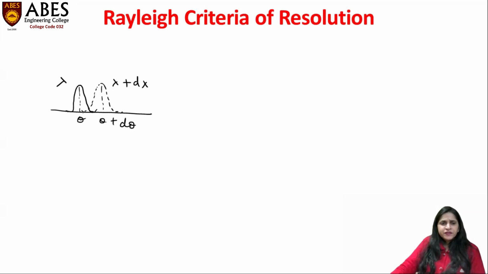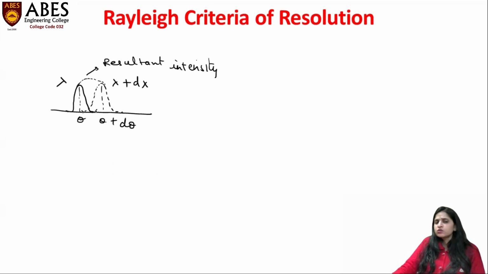The resultant intensity, if it looks like this, appears as if it is the diffraction pattern of only one spectral line.